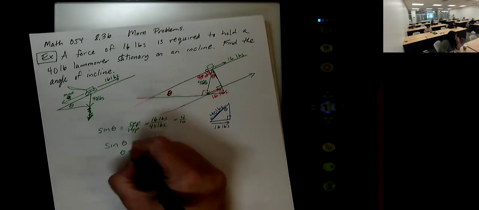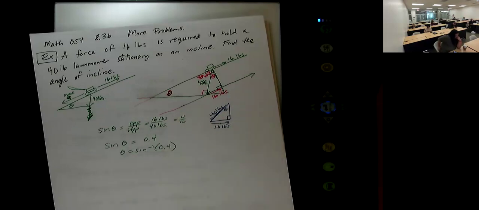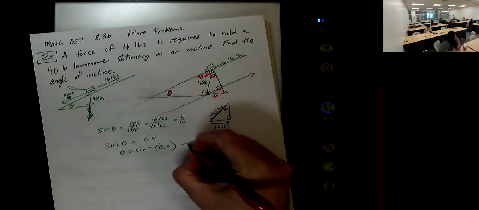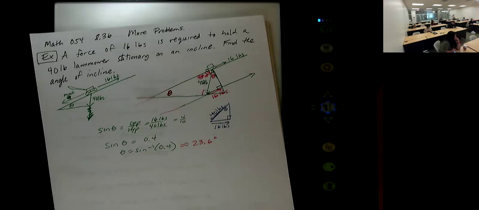So theta is gonna equal sine inverse of 0.4. And I'm getting 23.6 degrees if I just round to 1 decimal place. Which makes it a pretty steep incline.